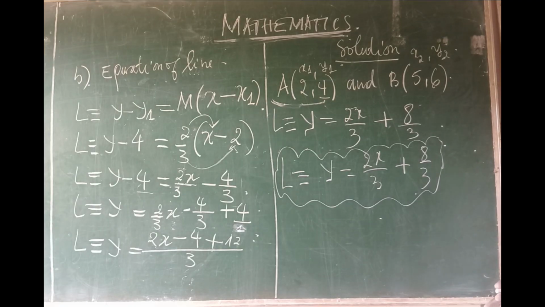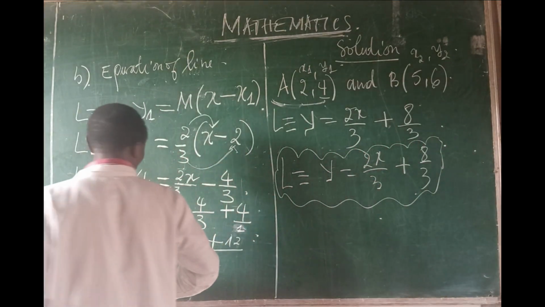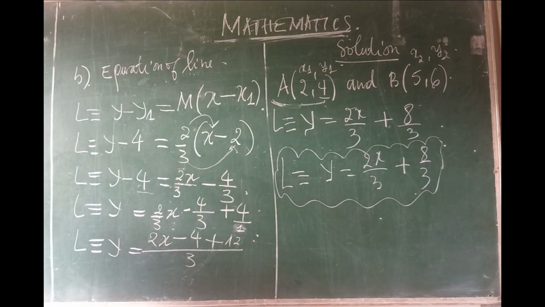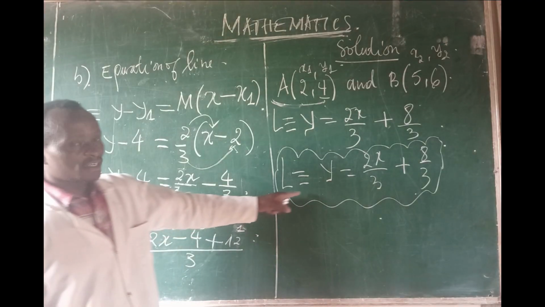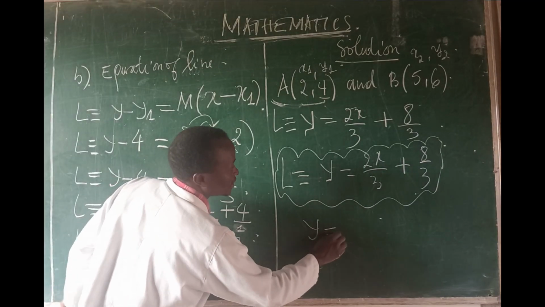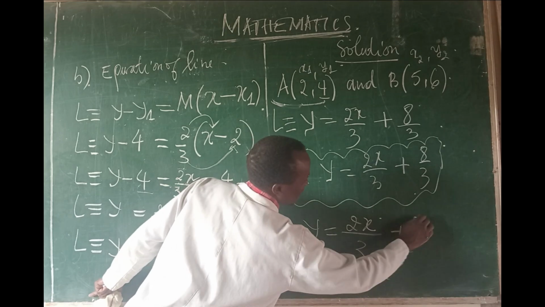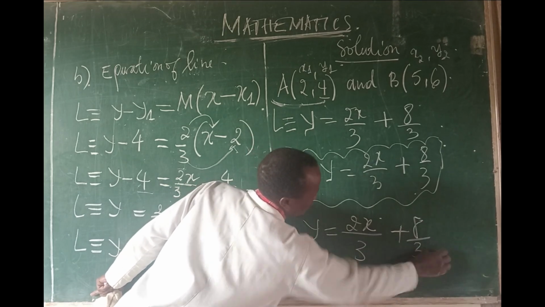Are we together here? So now let's make step number 3. It was about finding an integral of our line. You see, this is our line where y is equal to 2x over 3 plus 8 over 3.